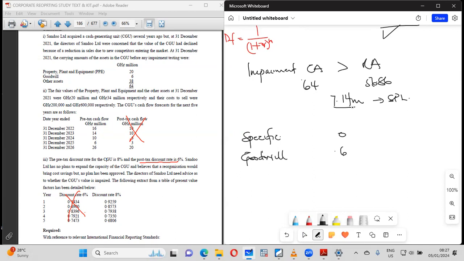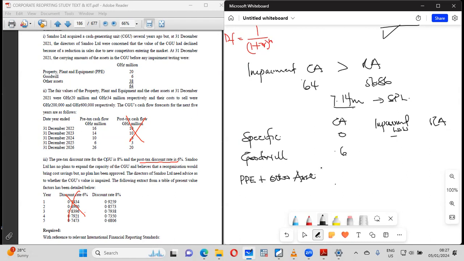So which means that we are going to share the impairment loss, and don't forget this is CA. So the PPE that you see there plus the other assets will form the other assets that we'll be sharing on a pro rata basis.